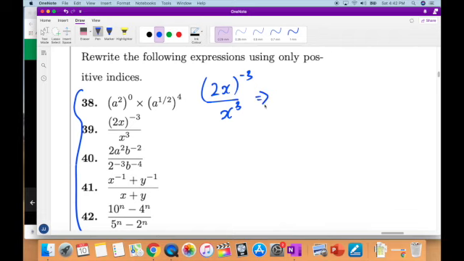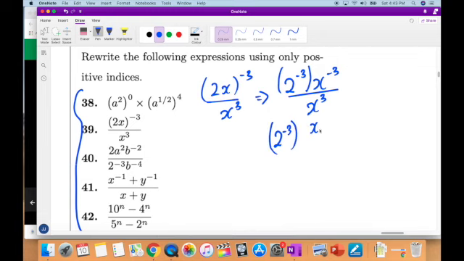Could we say that this is 2 to the power of negative 3 times x to the power of negative 3, divided by x cubed? Could we just separate this 2 to the power of negative 3 now, pull it on the outside, so I have 2 to the power of negative 3 being multiplied by x to the negative 3 all over x to the 3? Could we do that?